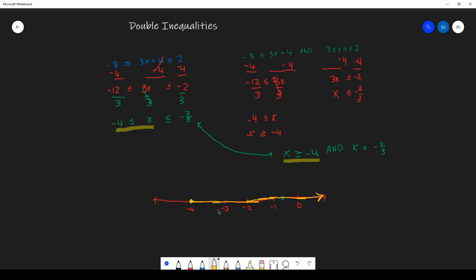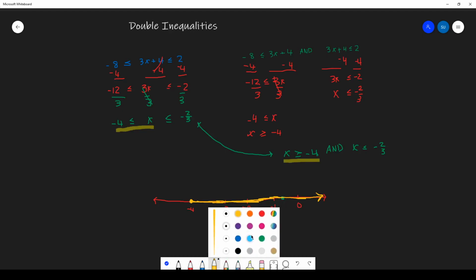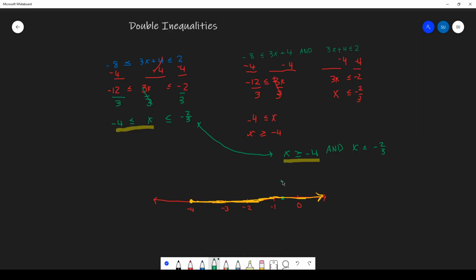And then I'm going to do x less than or equal to negative 2/3 on top of it to make it look a little cleaner. So green, and we're going to put it right there, less than or equal to, so it's just going to go in this direction. These are our two conditions.